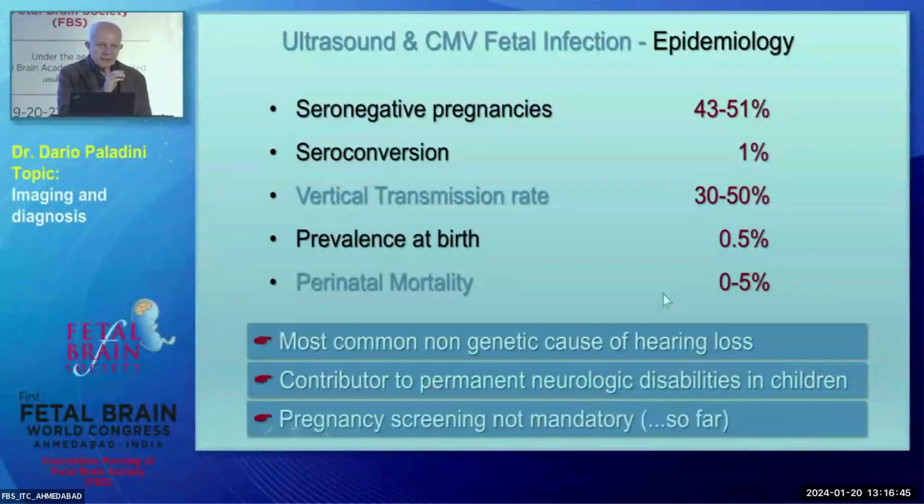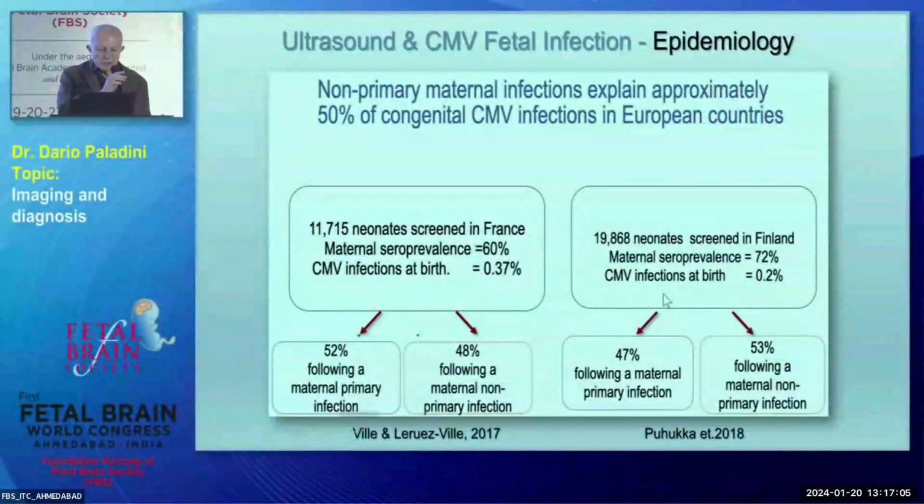The key point until now is that pregnancy screening has not been deemed mandatory. So until now, all over the world, there has been no ongoing screening such as for toxoplasmosis. But now the situation is changing, as I'll show you at the end of the talk.